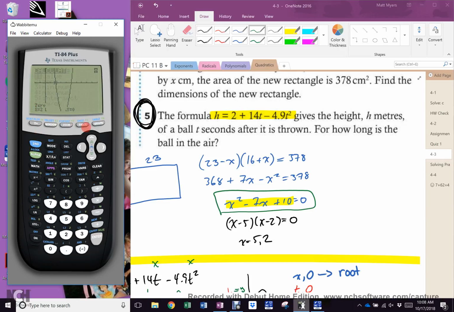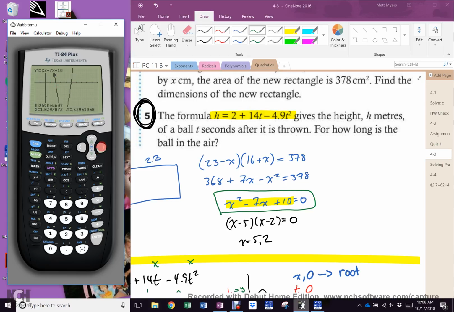Second, calc, 0. Now, right now, look at what I can do. Am I to the left of this one? Am I? I'm also to the left of this one, aren't I? Well, since I'm left of the one I want, what happens if I hit enter?